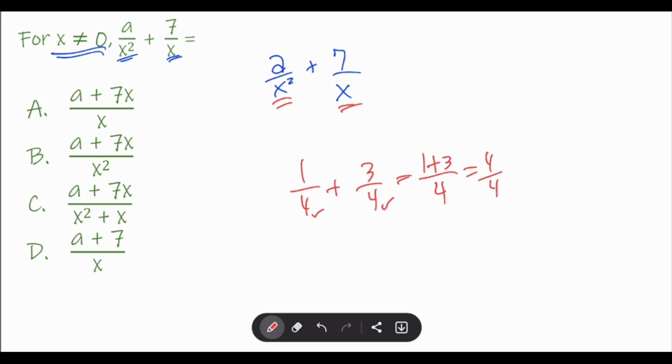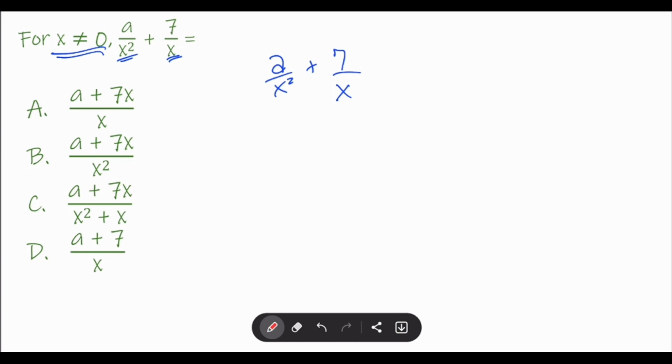And if it's not the same, like 1/2 plus 2/3, then you cannot just simply combine it because these two are not the same. You have to find a way to make it the same denominator first. So that's what we are after. How do we make it the same denominator?